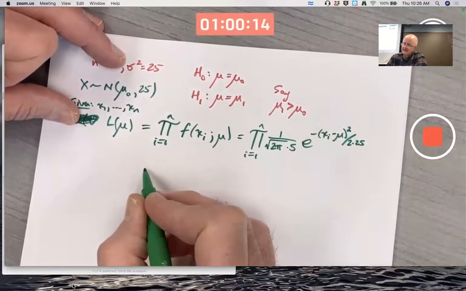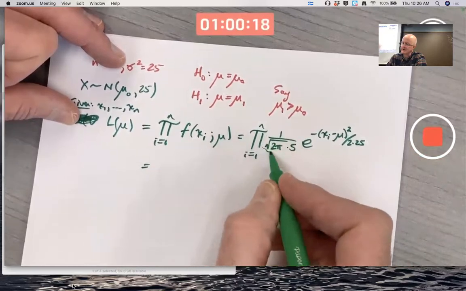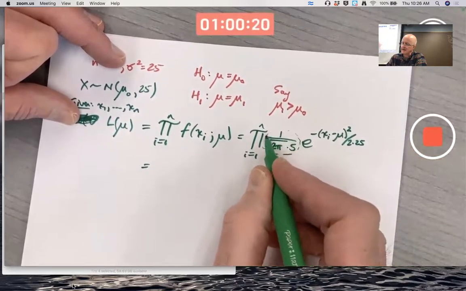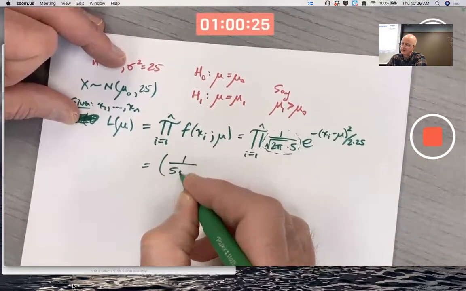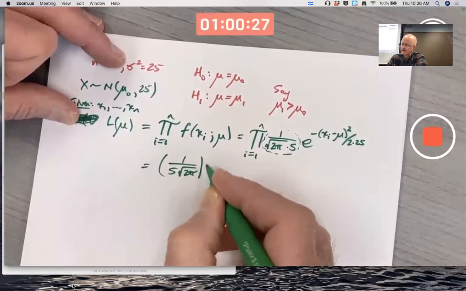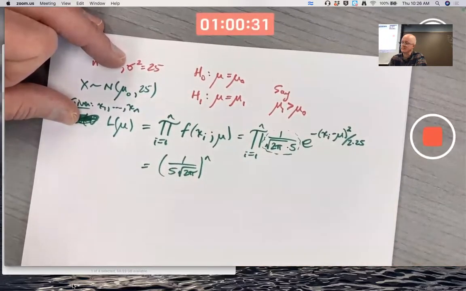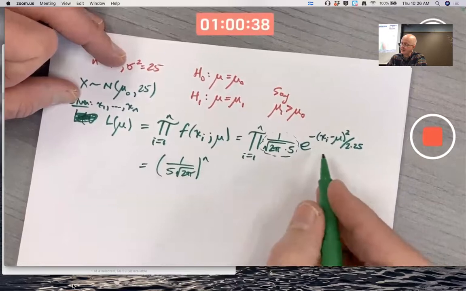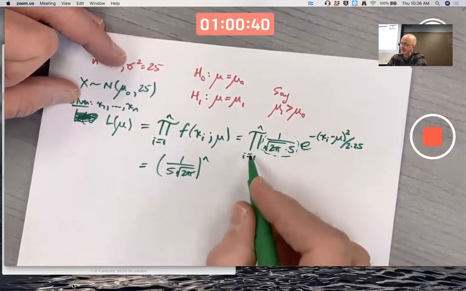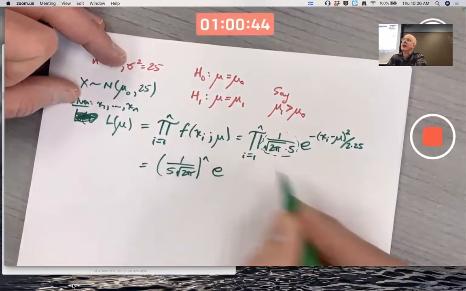It is a good idea to simplify this. How? We can factor out this thing as long as we raise it to the nth power. It is a constant. I think I'll put the 5 in front of the square root. And then we can use properties of exponents. I'm not taking the logarithm here, so I'm not doing the log likelihood function. We can use properties of exponents to get rid of the product symbol and write it as e to a certain summation.